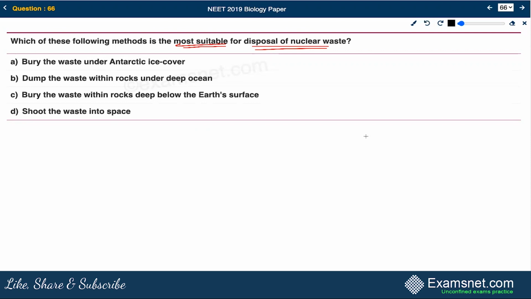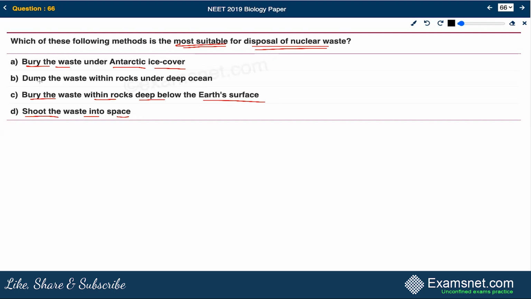So if you look into the statements that have been given, they are: bury the waste under the Antarctic ice cover, dump the waste within rocks under the deep ocean, bury the waste within rock deep below the earth's surface, and shoot the waste into space.